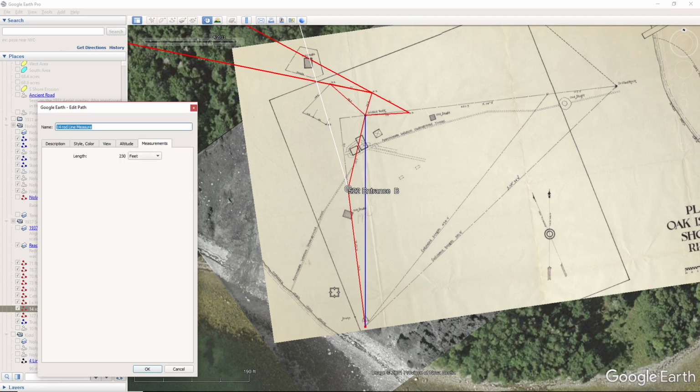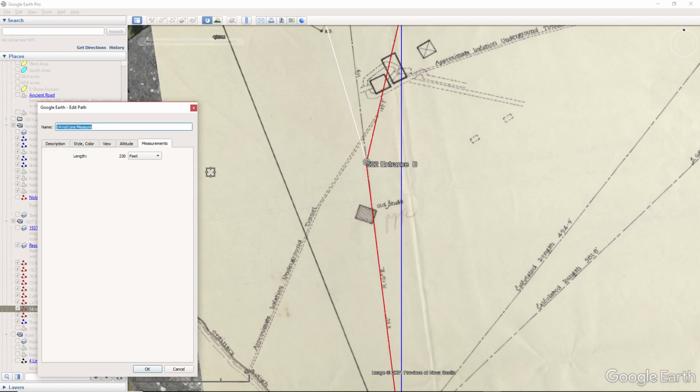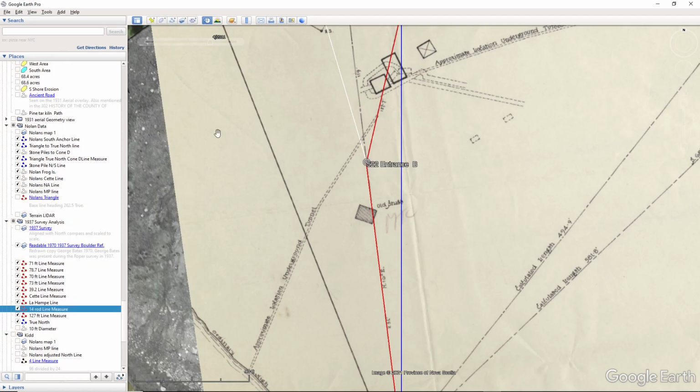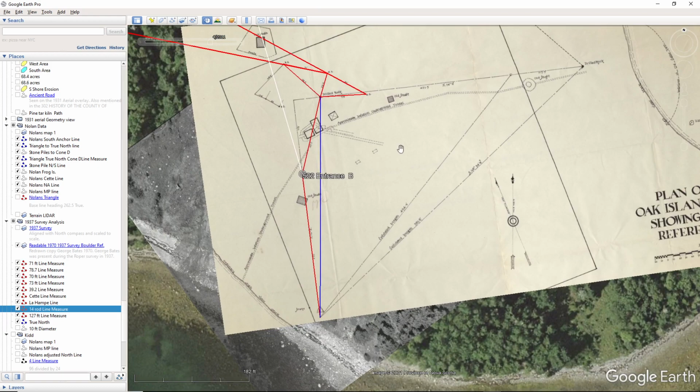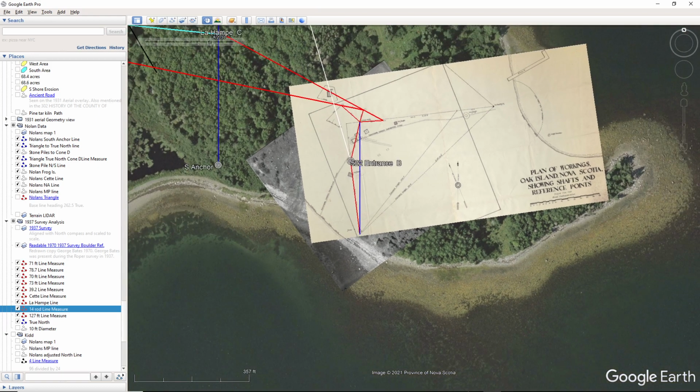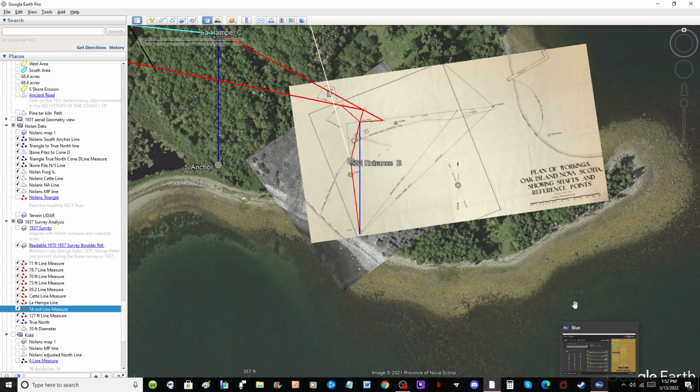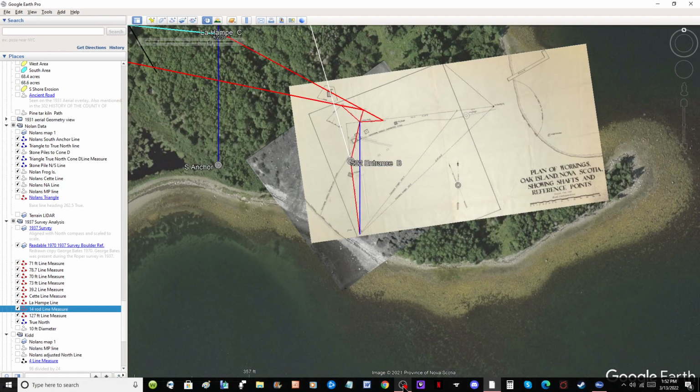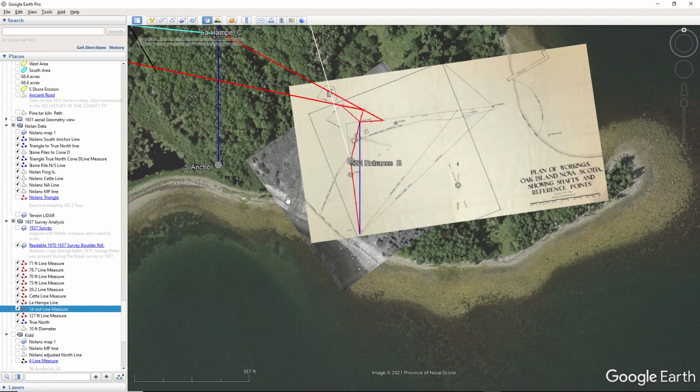It says 230. It's off a little bit. But 231 feet is equal to 14 rods. So 14 rods is basically the dimensions of the Captain Kidd Del Mar map.